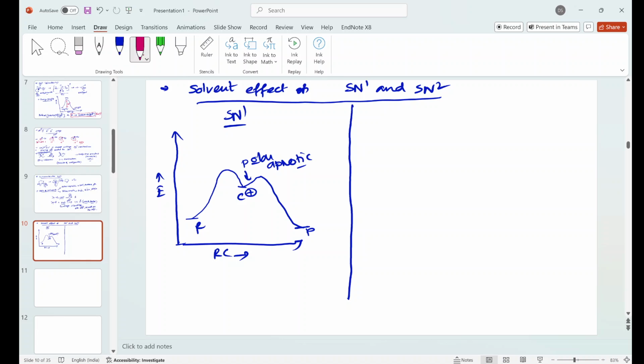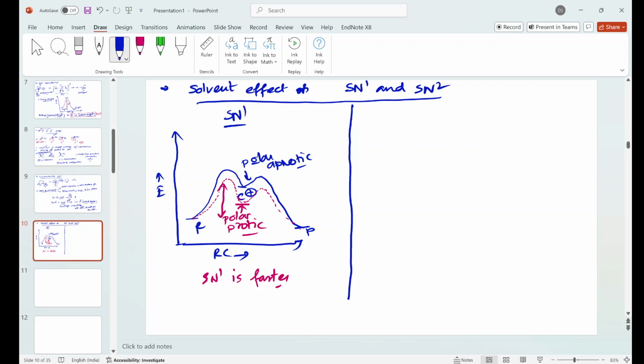You have some solvent that can stabilize this carbocation, polar protic solvent. Then what you can see, your energy difference is less compared to this one. Okay, so reaction is faster.